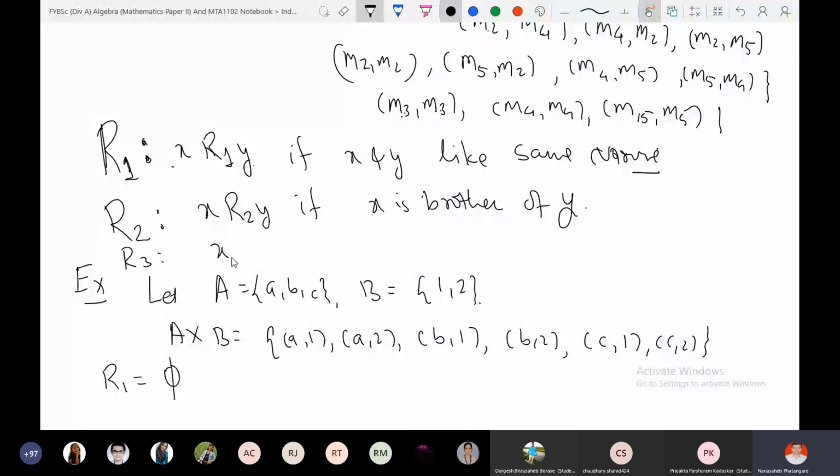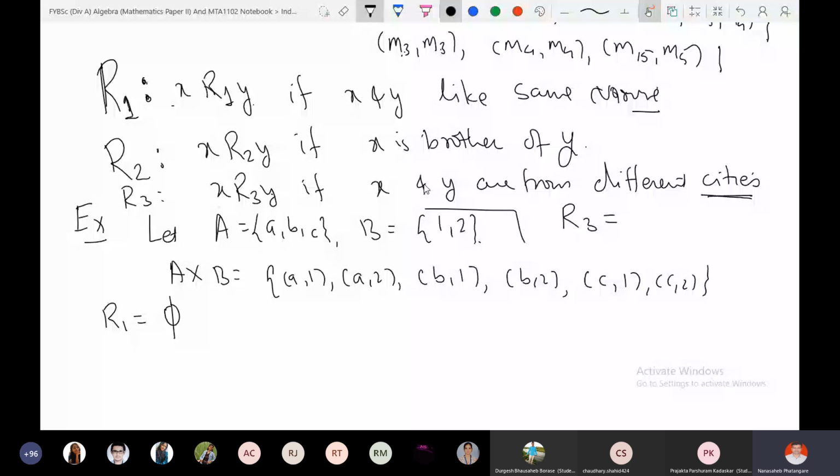If you are considering all the family members, and my relation is X is related to Y if they are not from the same city, that means they are from different cities. So is it possible that in the same family two members are from different cities? No, there is no pair. There are no members from different cities.